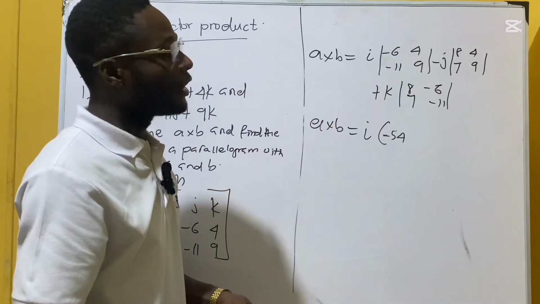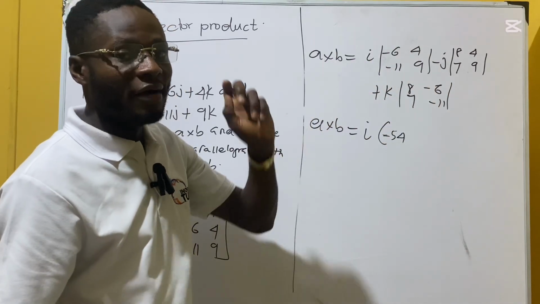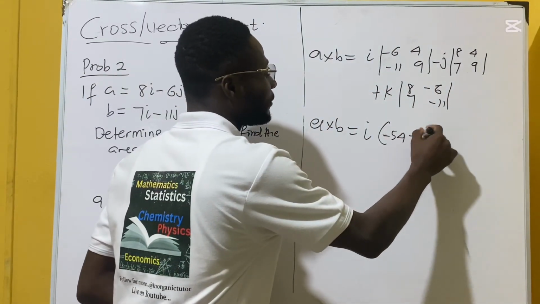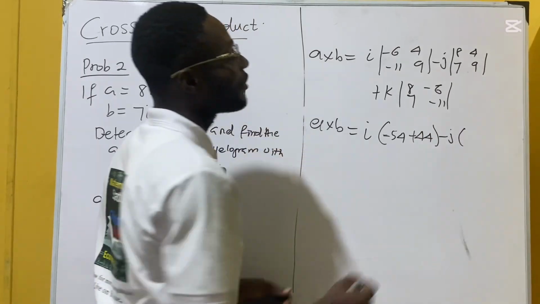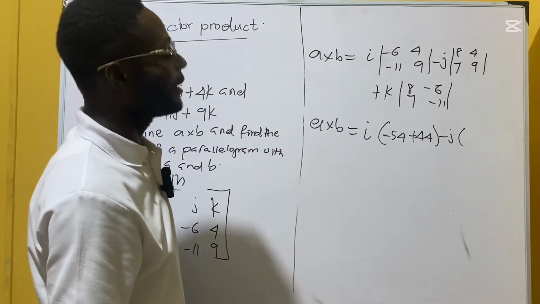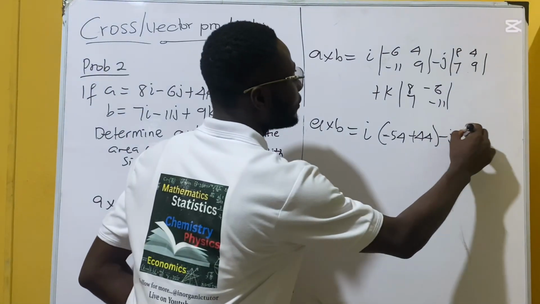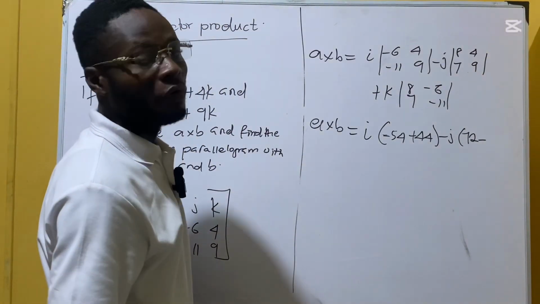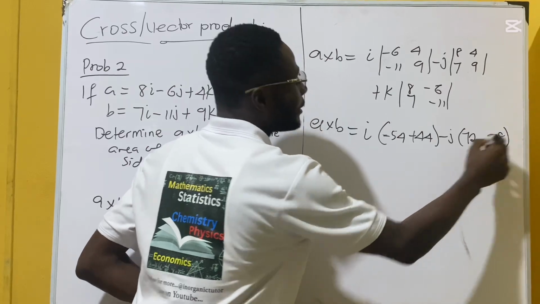And on the off diagonal, we have a negative sign, so that is going to be plus 44, right? Minus J into 8 times 9, right? That is 72, right? So we have 72 minus 7 times 4, 28. So we have minus 28, right?